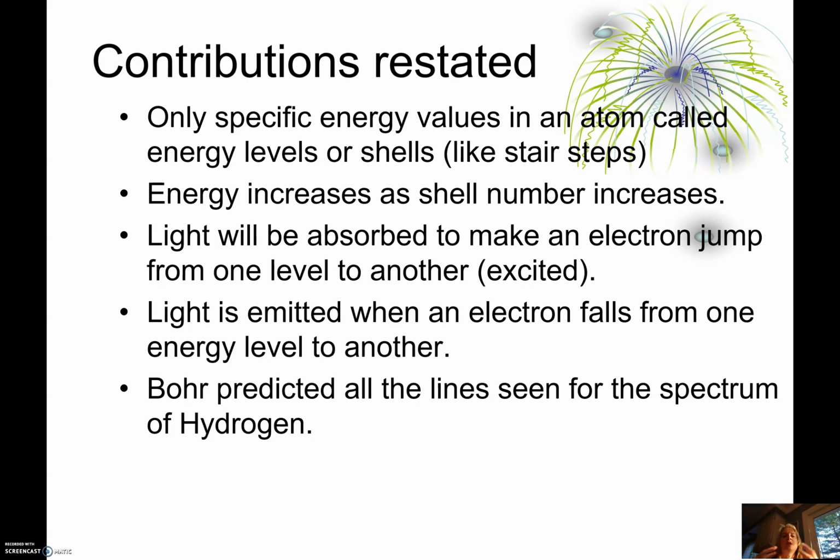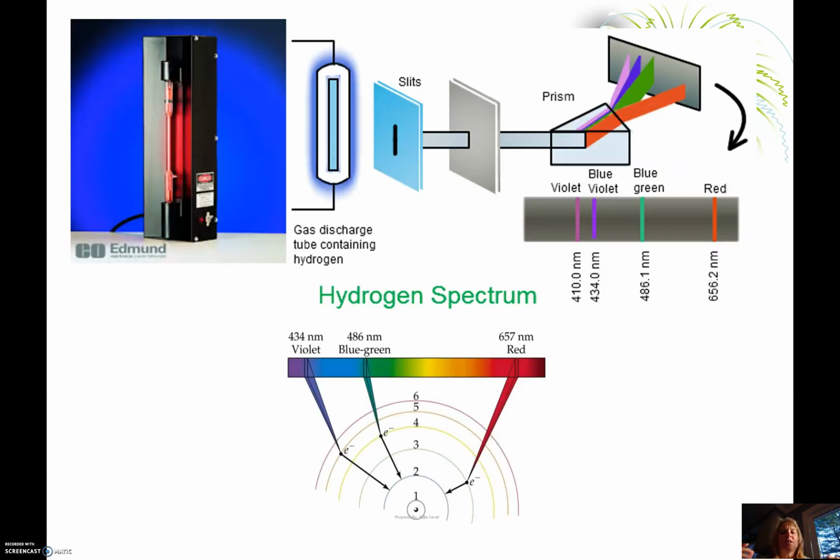And Bohr's prediction actually worked perfect for hydrogen. In fact, in class, we're going to take a look at the hydrogen spectrum. We'll be using some spectroscopes to actually break out the different colors so we can all see them. But really what hydrogen is, and what Bohr proposed, is that these different colors, these different wavelengths, these different photons that we're seeing are actual falls of the electron from an excited state to a lower state.